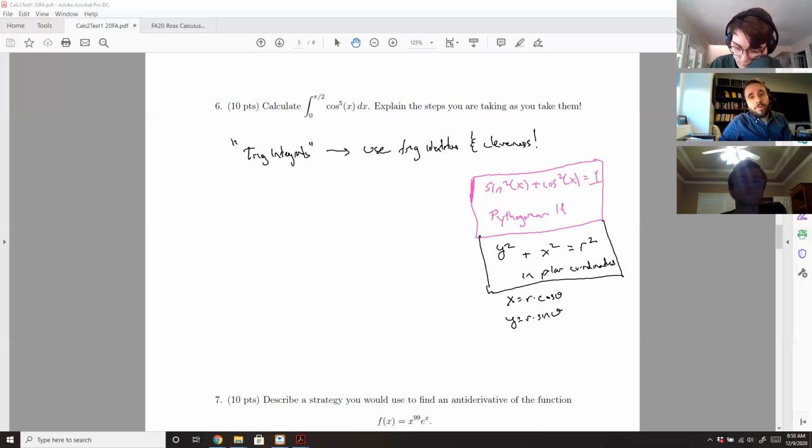In the trig integral section, we used this identity along with some cleverness to rewrite expressions like this. And the observation we made here is that because the number 5 is odd, we can rewrite 5 as 4 plus 1.